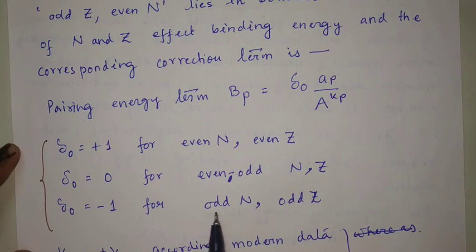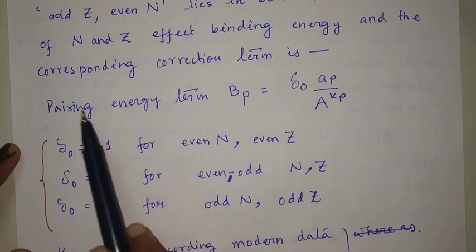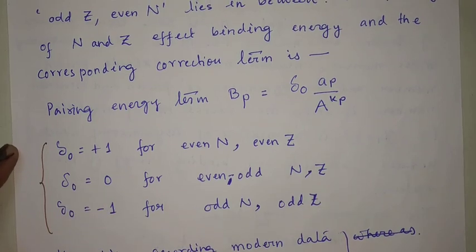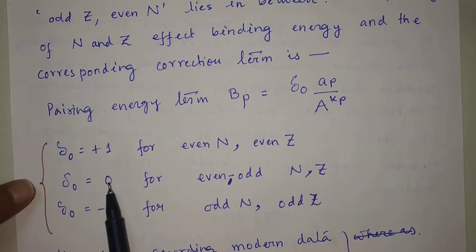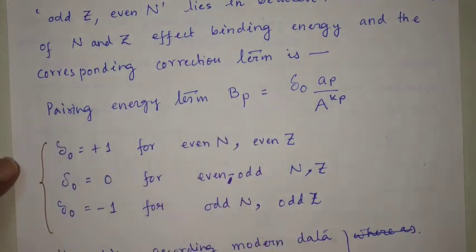So those nuclei with odd neutron and odd proton number are least stable, because for those nuclei the pairing energy term will be negative. And for those nuclei which have an even and an odd number of neutron or proton, as we have just told, the stability lies in between, delta 0 will be 0. So for those there will be no term coming due to this pairing effect.